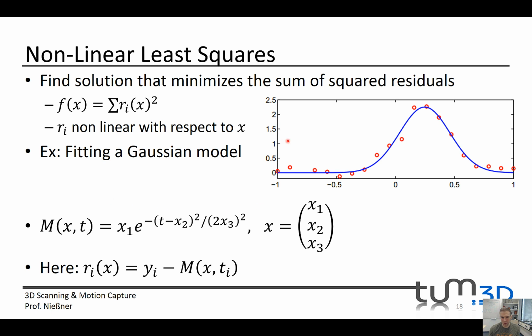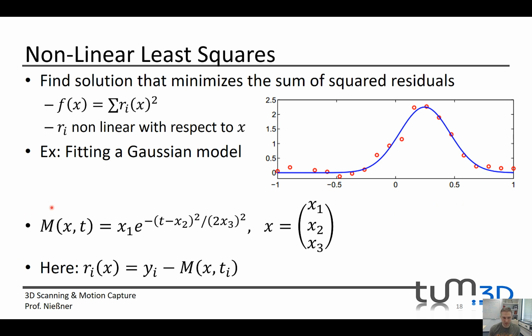Let's say we have a bunch of 2D points, these red points here. We would like to fit a Gaussian curve to these points. The line we've done before, the linear thing, is a bit boring, and fitting a line to these red dots might not be ideal. So how do we define a Gaussian curve?